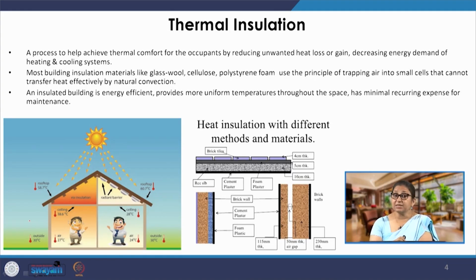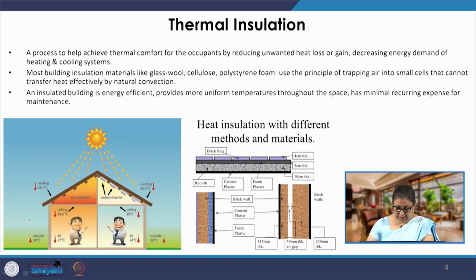The first one is thermal insulation. If you look at the mandate in terms of energy codes in our country, we are recommending thermal insulation. Now, what does thermal insulation do? It stops the heat from being transferred from the hotter surface to the cooler surface, or the environment.